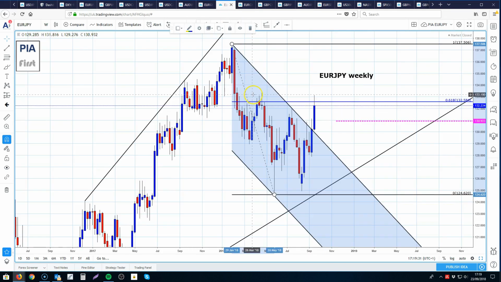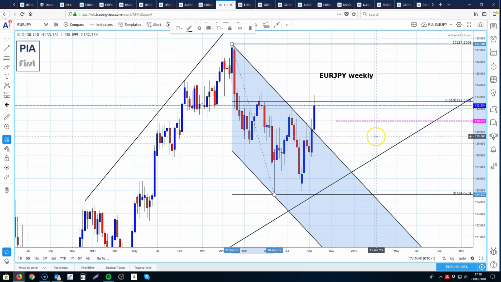Euro yen, and this is the last one. We have seen a three-wave correction to the upside. Levels close to the 61.8% pullback at 132.58 have found sellers late last week.